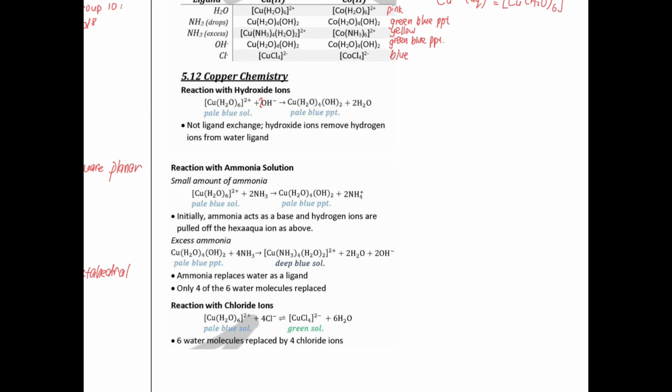Just memorize whatever is in the notes. 6 water molecules are replaced by 4 chloride ions. So again, this is ligand exchange. So conclusion, these two are ligand exchange, and these two are neutralization. The color of the product, you have to memorize it.